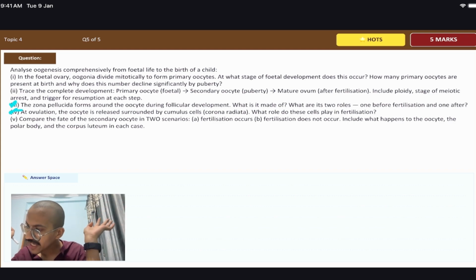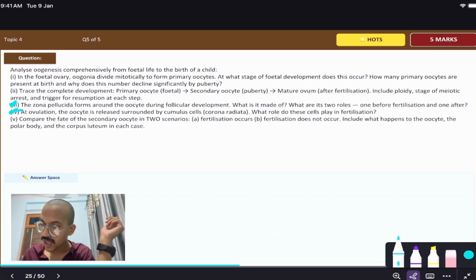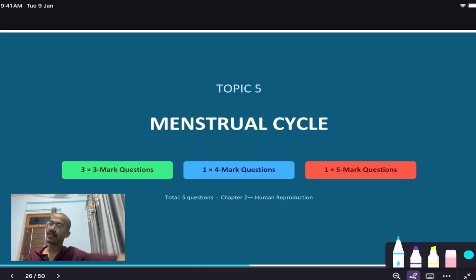Include what happens to the oocyte, the polar body and the corpus luteum in each case. They will also degenerate. The corpus luteum will stay for 14 days and then slowly regress into the corpus albicans and degenerate.